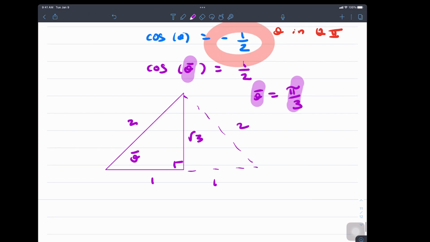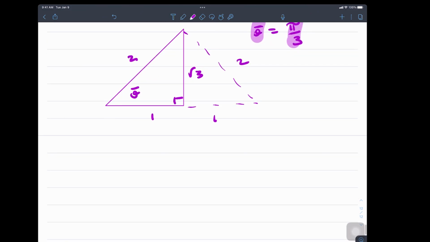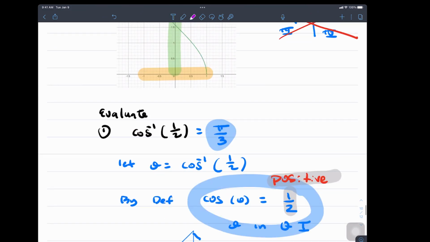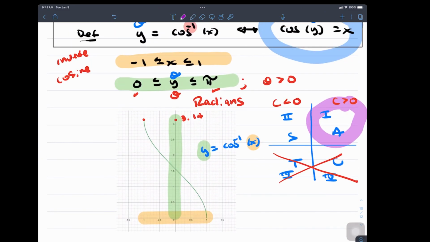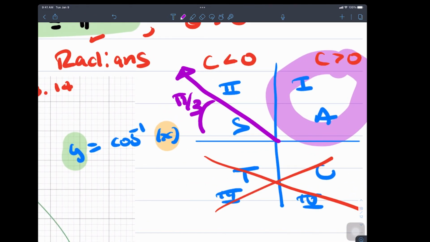Okay? So you might go back and say, well, how does that work? Well, remember the reference angle if I said this to you guys here? How does it really work? This here is that reference angle of pi over 3. Okay? That's not the answer, though.